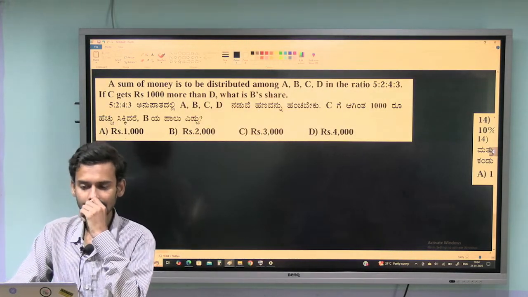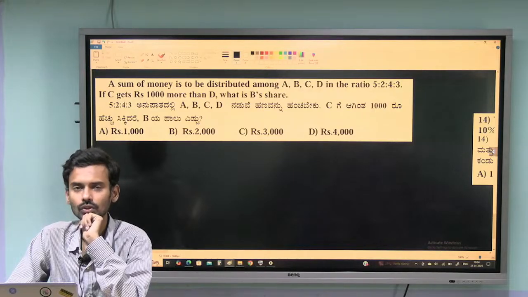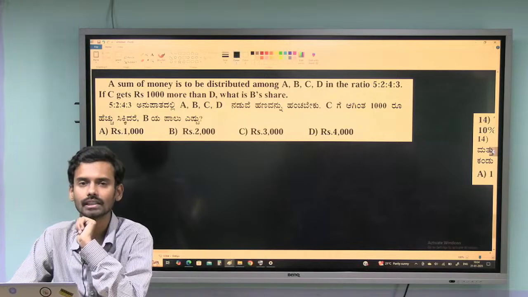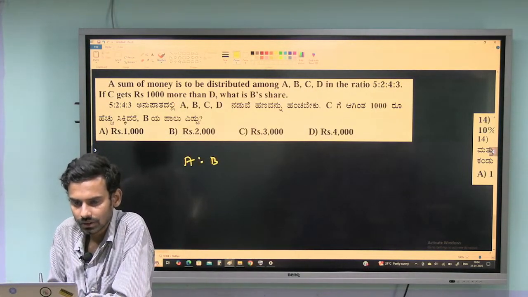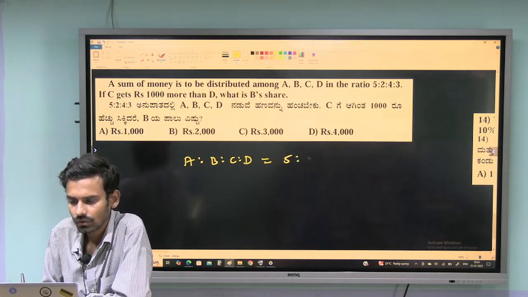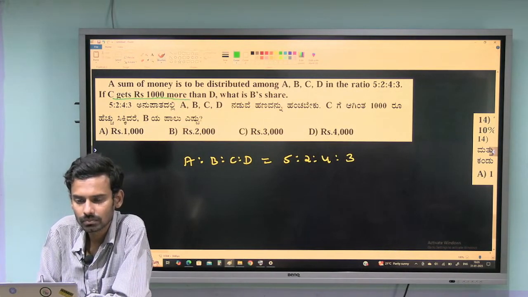A sum of money is distributed among A, B, C, D in the ratio 5 is to 2 is to 4 is to 3. If C gets 1000 more than D, what is B's share? So they are saying A is to B is to C is to D. The amount was distributed in the ratio 5 is to 2 is to 4 is to 3. And next the question is saying C gets 1000 rupees more than D.